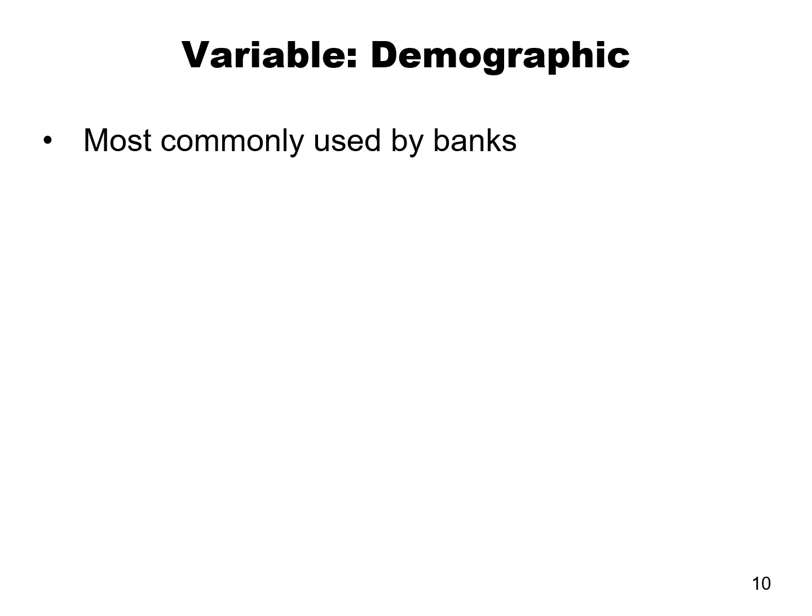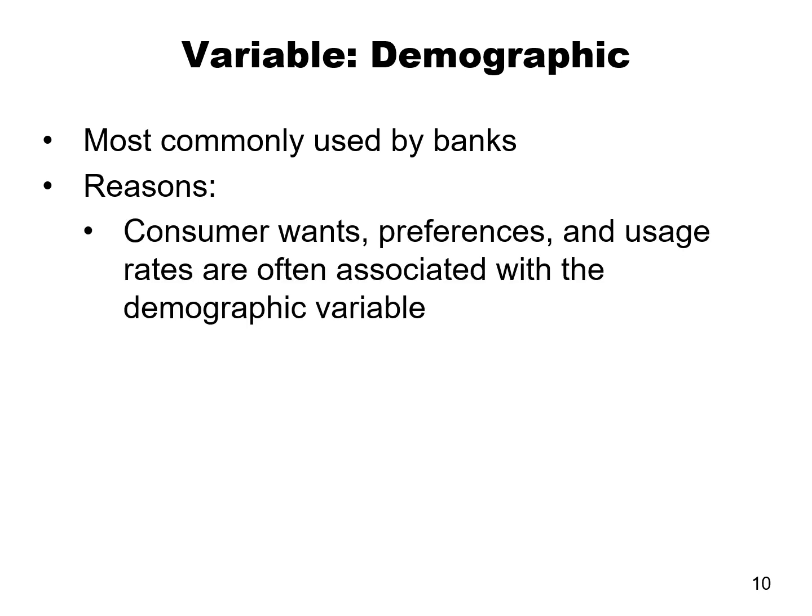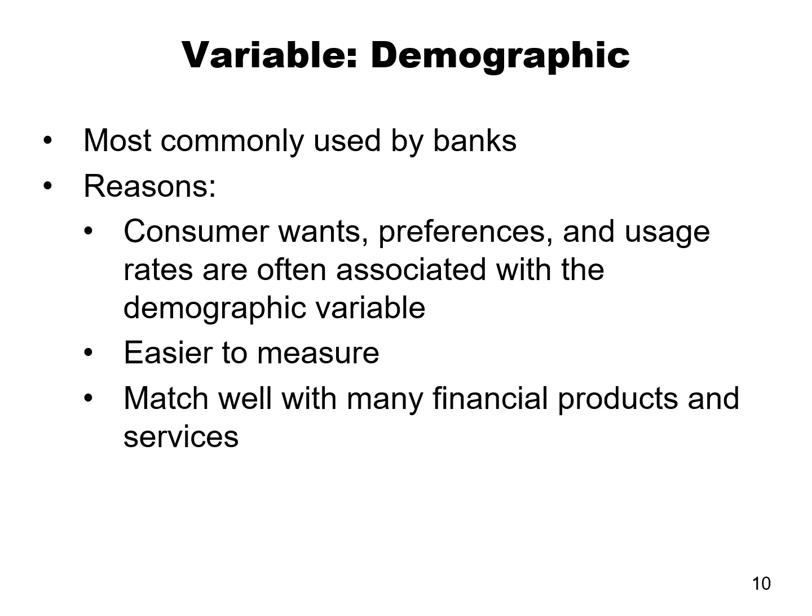This variable is most commonly used by the banks. Reasons are because the customer's wants, preferences, and usage rates are often associated with this demographic variable. It's easier to measure and match well with many financial products and services.